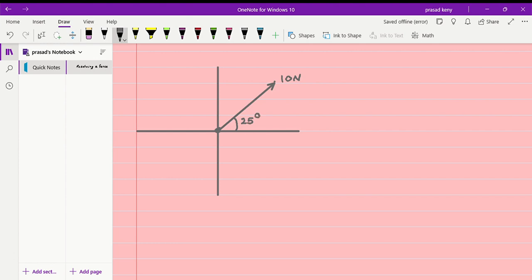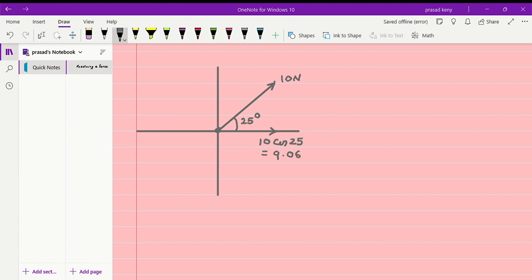This 10 Newton force will have two components. Since the force is in the first quadrant, the cos component will be in the positive x direction, and that will be 10 cos 25, because the x direction is the adjacent side of 25 degrees. The cos component along the positive x direction is 9.06 Newton.